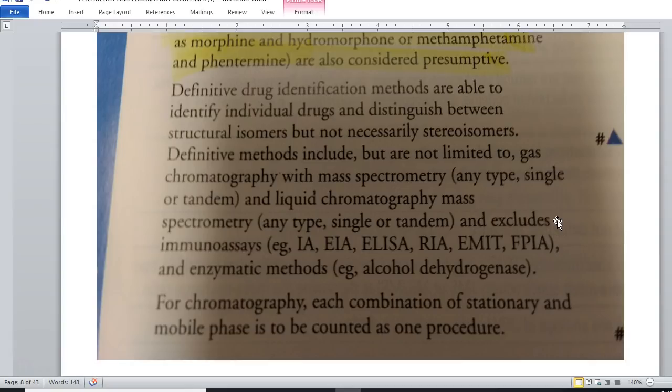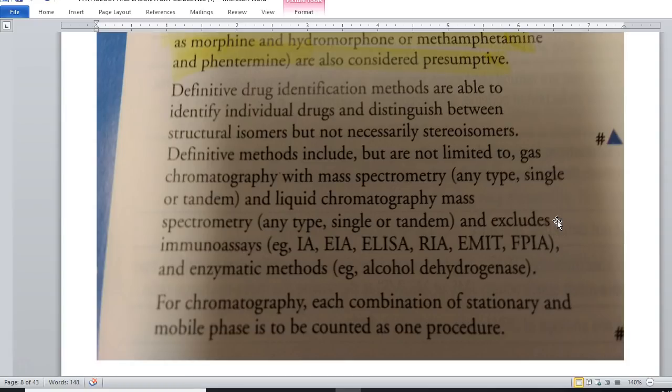So definitive methods include, but are not limited to, gas chromatography with mass spectrometry, any type, single or tandem, and liquid chromatography with mass spectrometry, any type, single or tandem, and excludes immunoassays, the IAs, the EIAs, the ELISAs, the RIA, the EMITs, and the FPIA, and enzymatic methods. So again, presumptive methods tend to use certain methods, definitive methods use others.